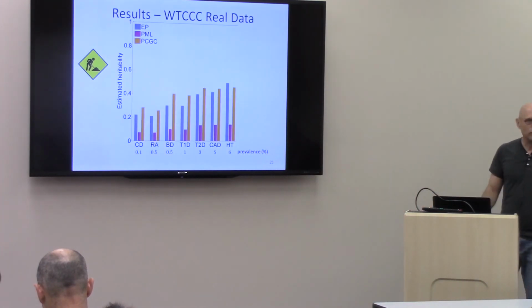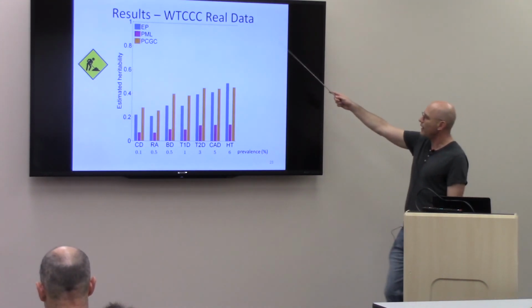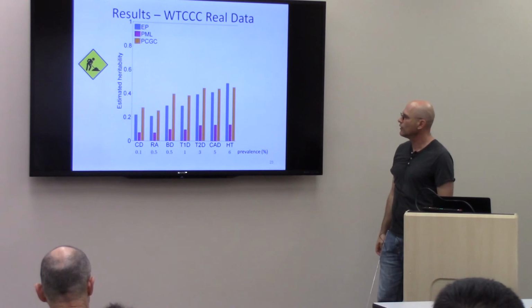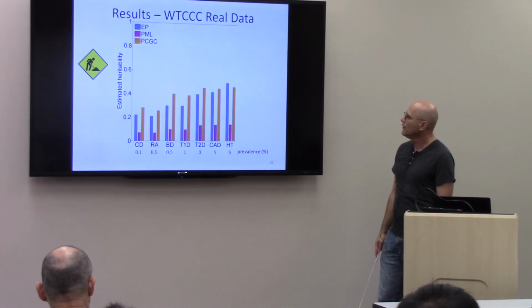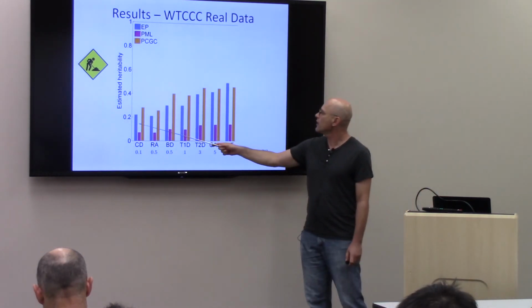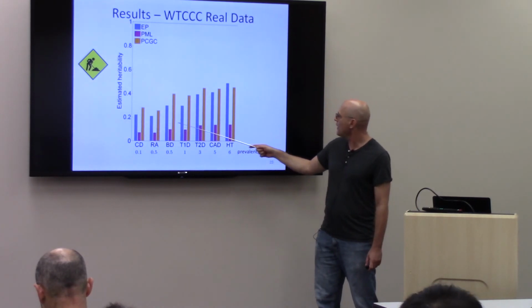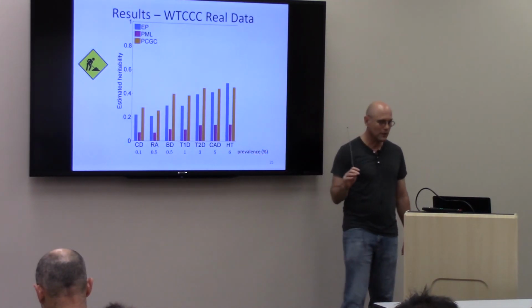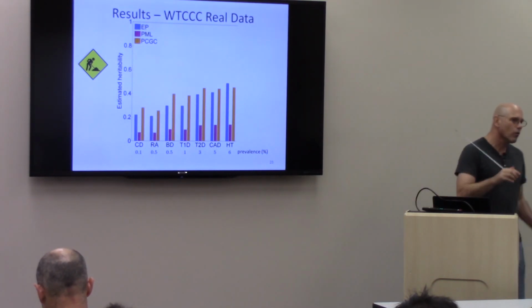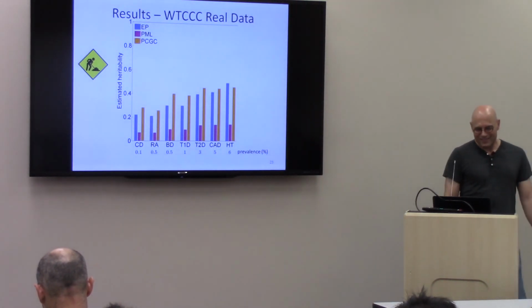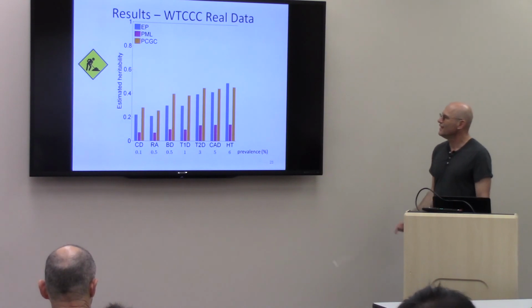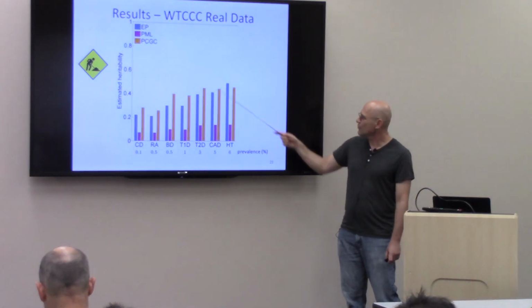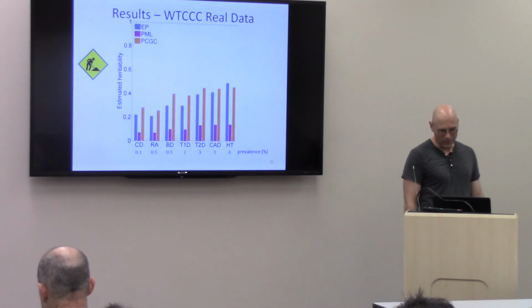And this is actually what we get when we apply it to real data. This is applying it to phenotypes from the Wellcome Trust Case Control Consortium. And we see that these 2 methods give pretty similar heritability estimates, and the pairwise method gives much lower estimates. So we may try to hypothesize that these consistent estimates may be okay, but I don't know.